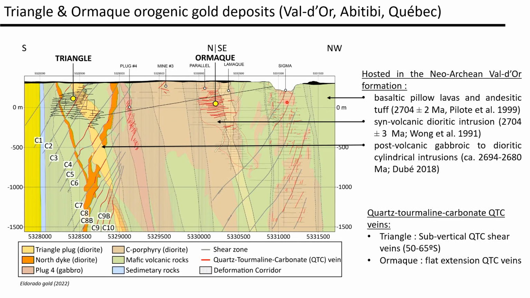They are hosted in the Neo-Archean Val-d'Or formation, which is composed of basaltic pillow lava and andesitic tuff, volcanic dioritic intrusions, and post-volcanic gabbroic to dioritic cylindrical intrusions. As you can see, the QTC veins in Triangle are hosted by these subvertical shear zones, while in Ormaque there appear to be more flat extension QTC veins.